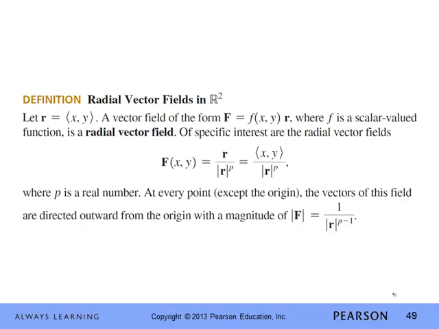Now, if you separate one factor of the magnitude, and you have r divided by magnitude r, that gives you your unit vector pointing away from the origin. Then the 1 over magnitude r raised to the p minus 1, whatever p is, is going to be the scalar multiple. So think about the gravitational field.